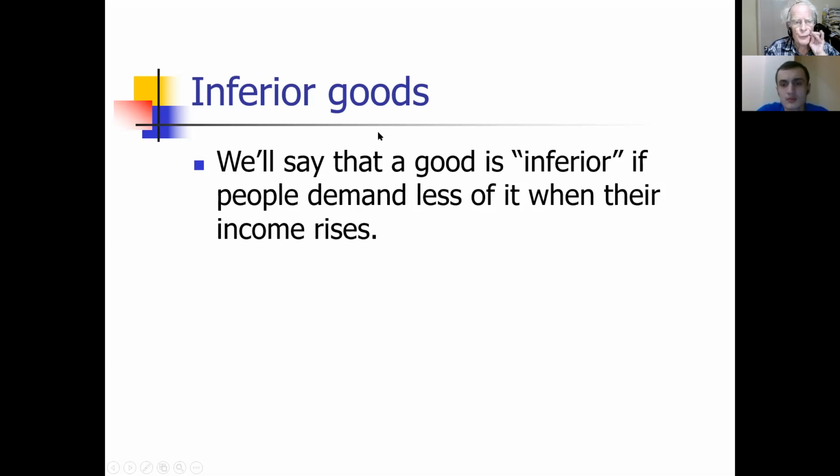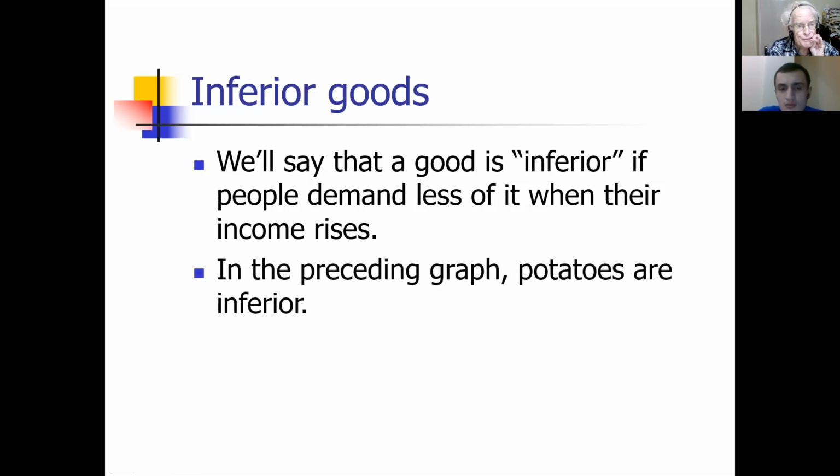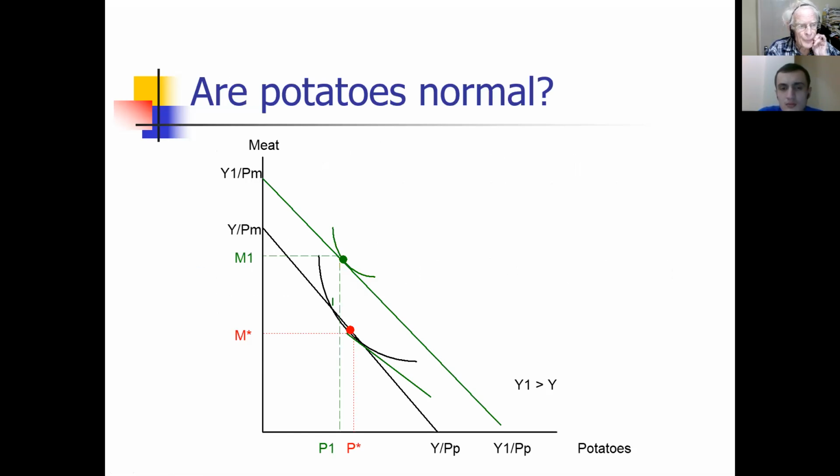Very simple concept. People want less of that good when their income rises. In the graph, potatoes are an inferior good since we cut back on potatoes just because of the rise in income.